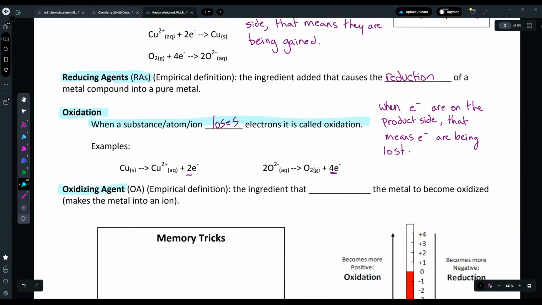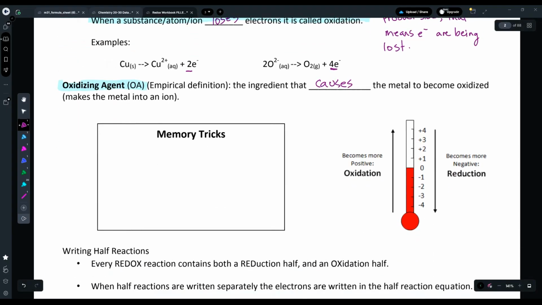Now, an oxidizing agent is the ingredient that causes the metal to become oxidized. So it makes a metal into an ion. Keep in mind this is the empirical definition of an oxidizing agent, which I often shorten to OA, so be mindful of that shorthand.